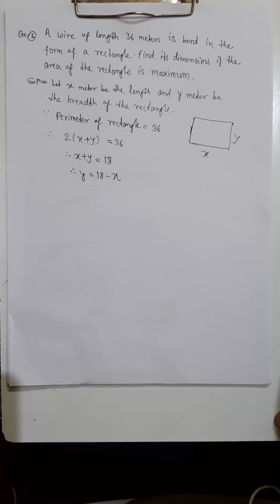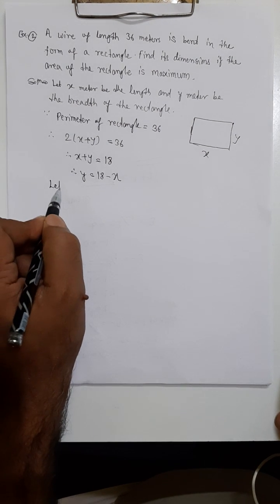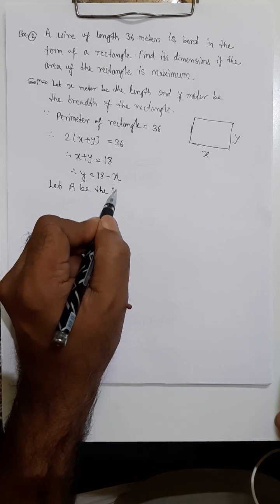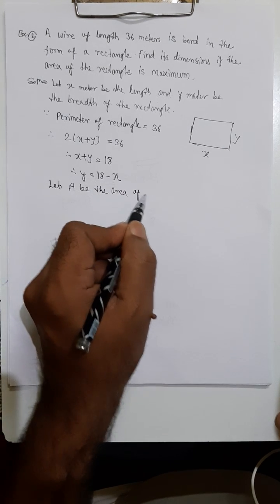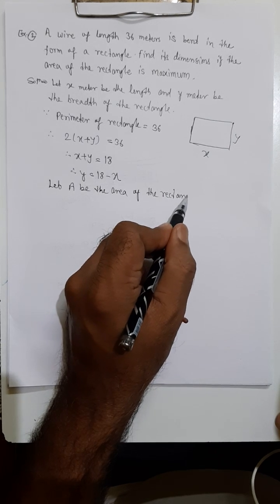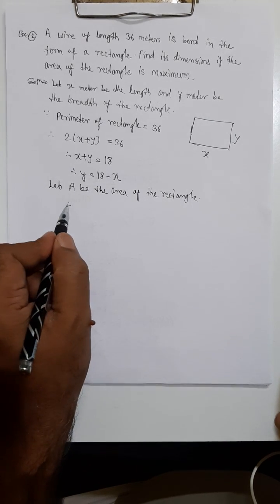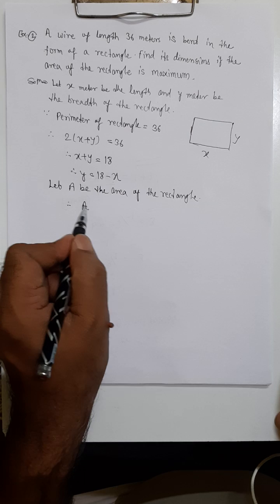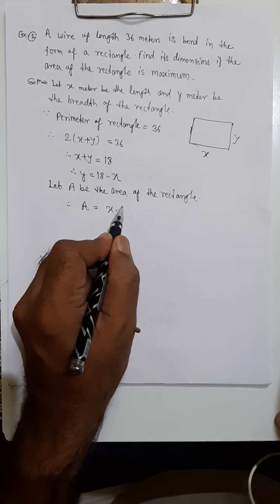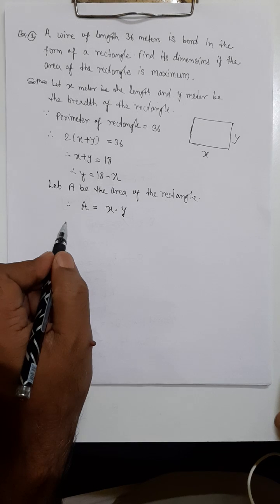Then we have to show that the area is maximum. We let capital A be the area of the rectangle. And therefore, we know the formula: area of rectangle equals length into breadth, length x and breadth y.